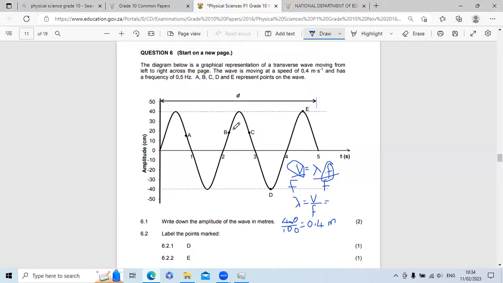From the statement above, we have our frequency, which is 0.5 hertz, and our speed, which is 0.4. So we're gonna say 0.4 divided by 0.5, which gives me 0.80.